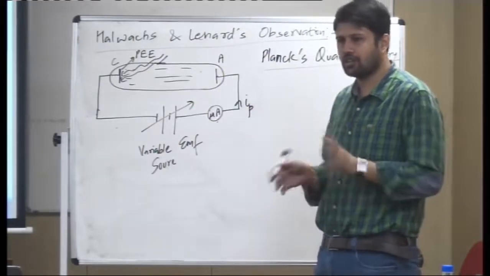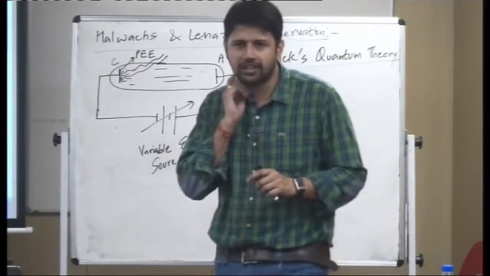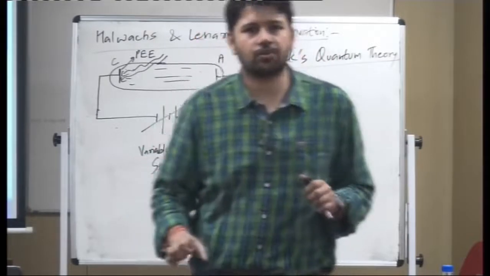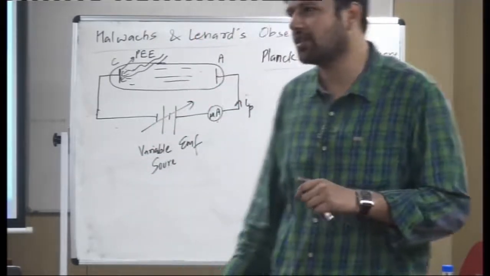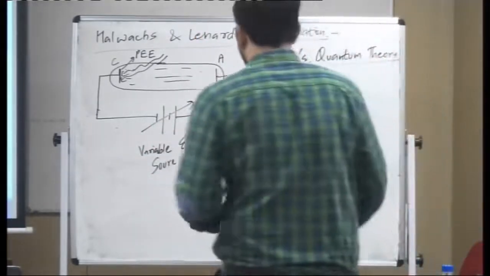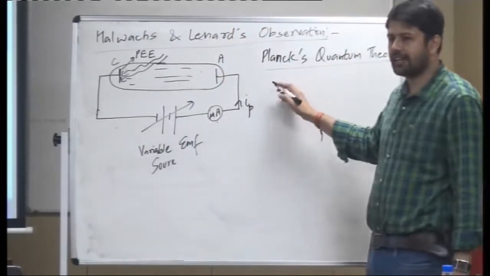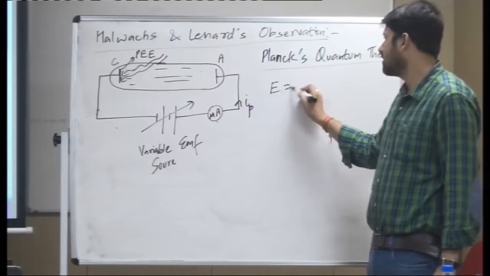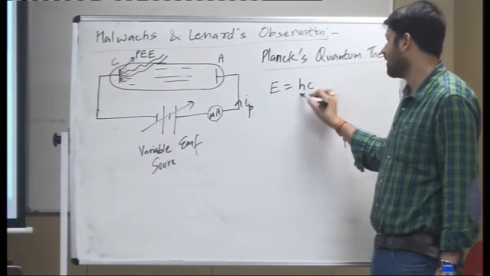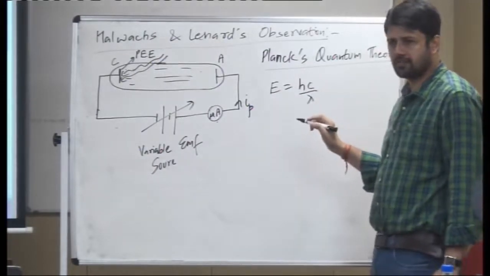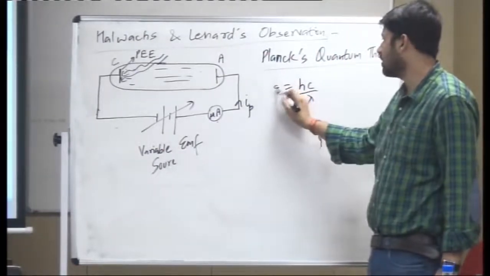So light exists in the form of small packets of energy called quanta, and the quanta for light is the photon. He said that for light the energy of one quanta is given by this.